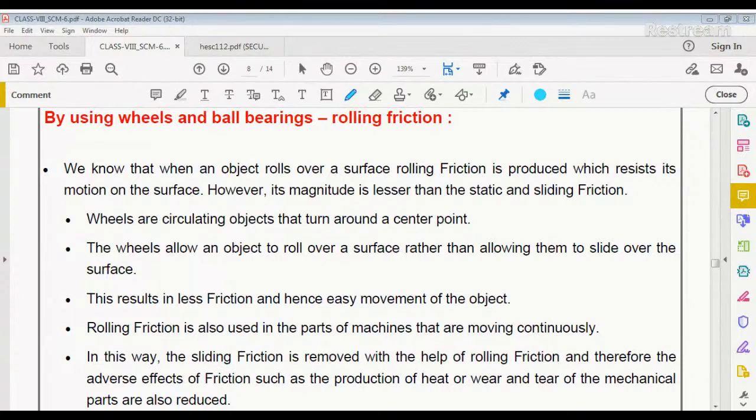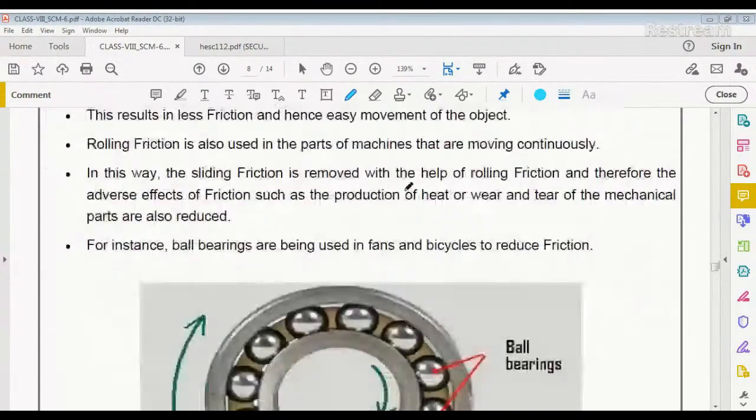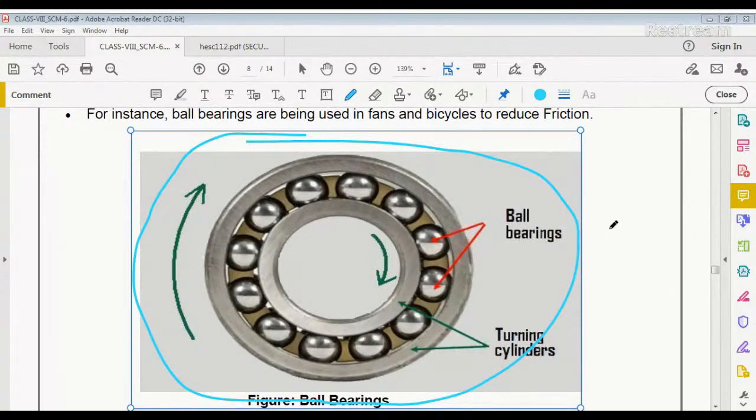Now we are talking about ball bearings. What is this ball bearing? Let us see. Yes, here you see, this is known as a ball bearing.